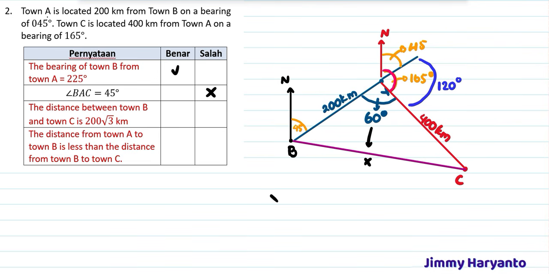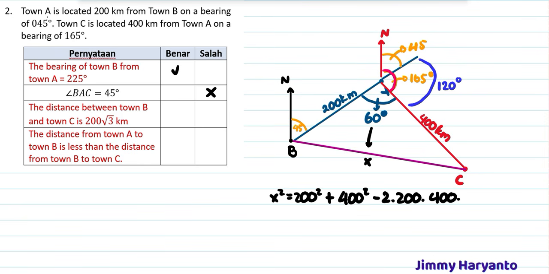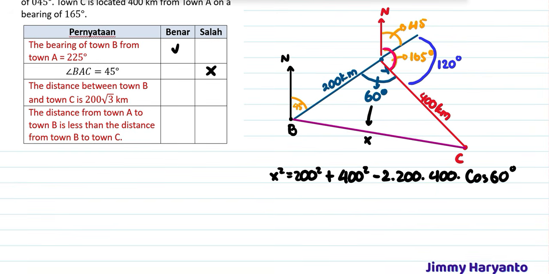This one is x. So x squared equals 200 squared plus 400 squared minus 2 times 200 times 400 times cos 60. Okay, I have a little trick for you to calculate questions like this.